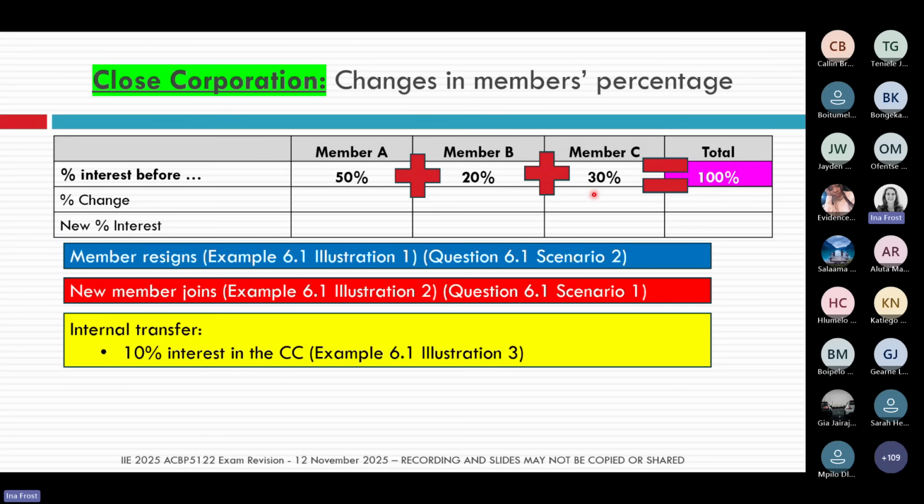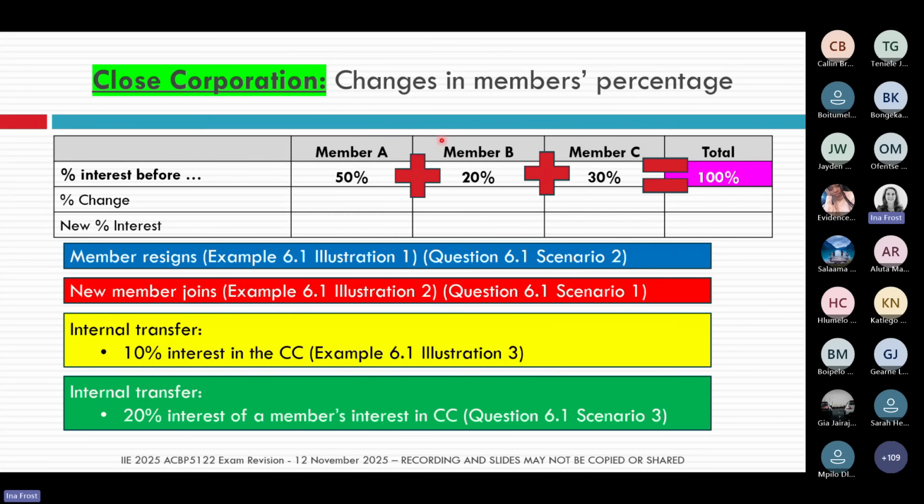Or what happens if there is a transfer between existing members? In these internal transfers, there are two possibilities, and you have to make sure that you can see the difference in how we record these two possibilities. Things to practice here would be example 6.1 and question 6.1. Those are two good exercises where we play around with these percentages.